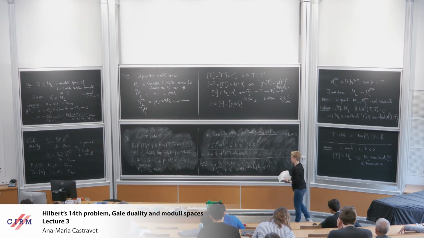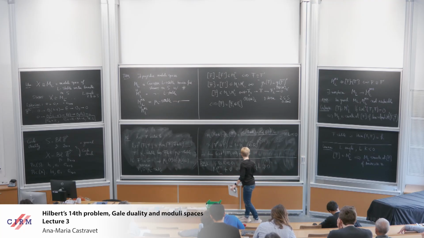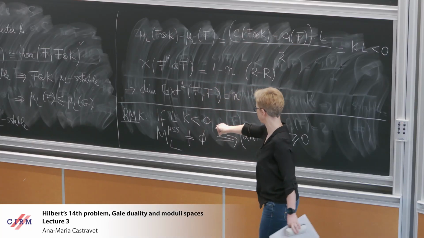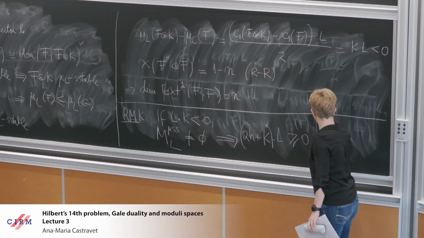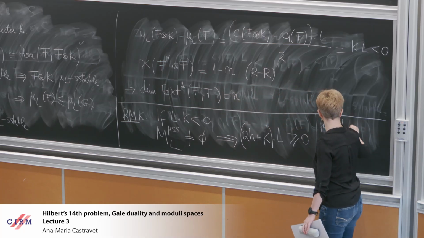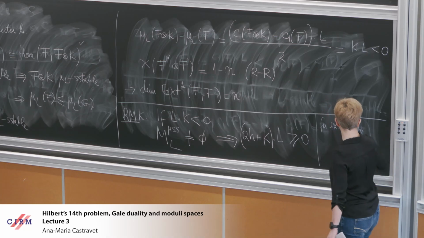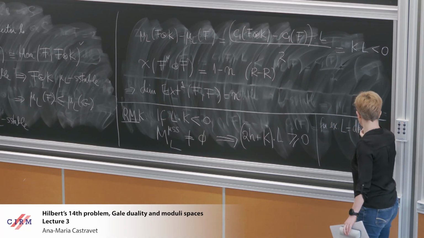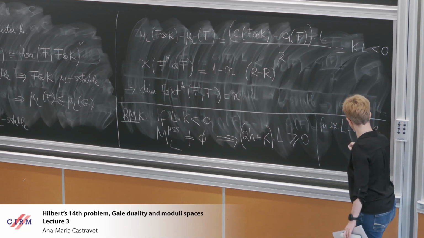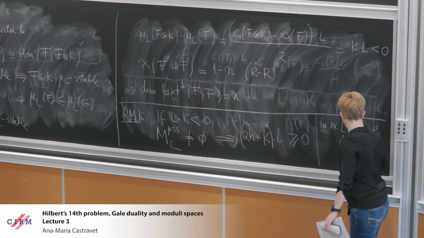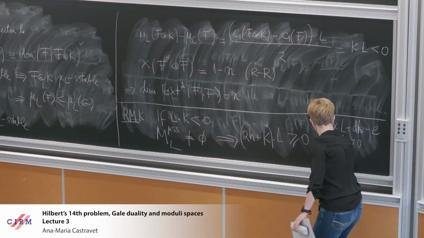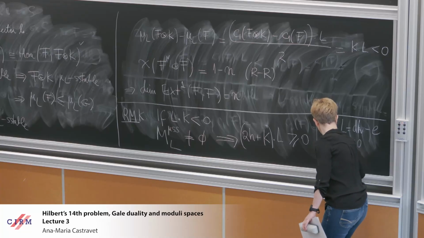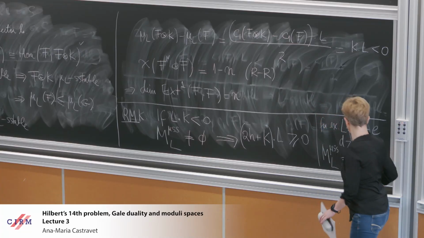And there are line bundles like this. There are line bundles that do not satisfy this, even when they intersect K negative. Yeah, so, for example, if I take a large D and I look at DH minus E, for D large, this will not satisfy this. Yeah, so that means the moduli space will be empty. Okay.